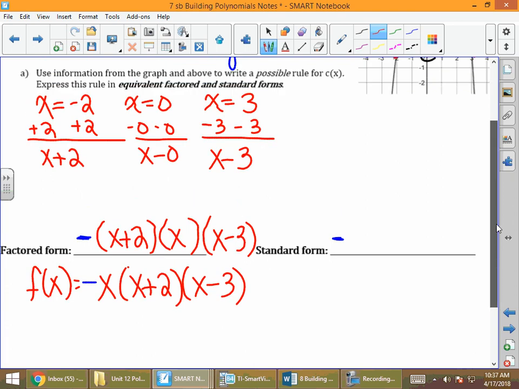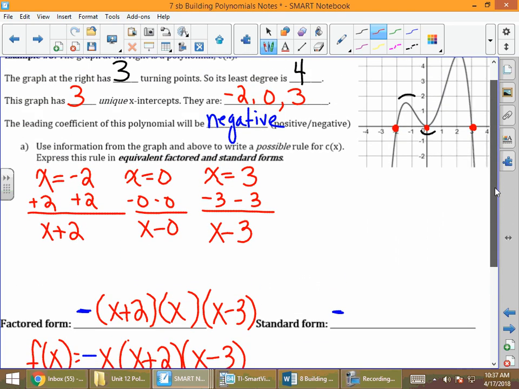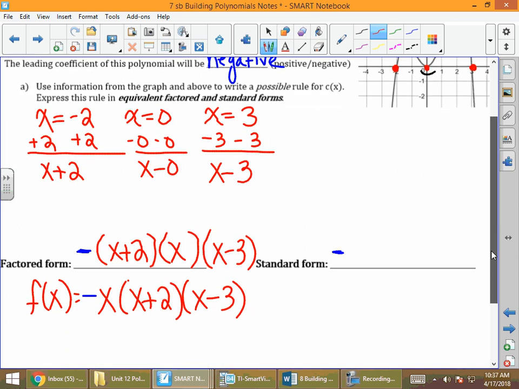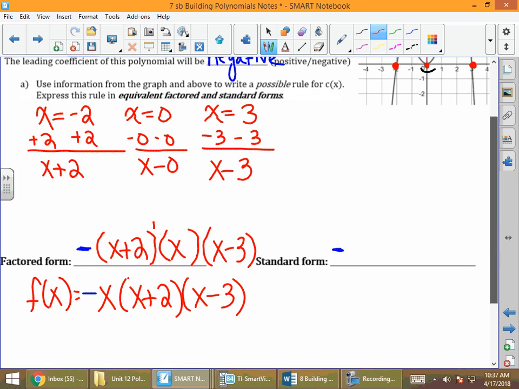The thing is, we need to go back and look at our picture a little bit more, because at the intercept of -2, we cross the x-axis. And because we cross the x-axis, we're going to have a multiplicity of 1 on that factor.